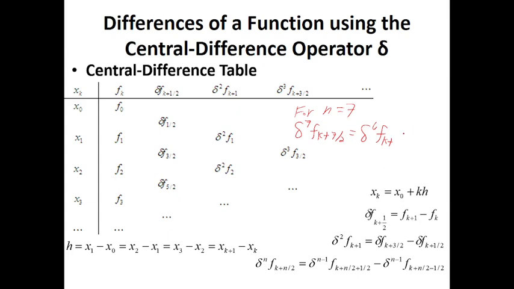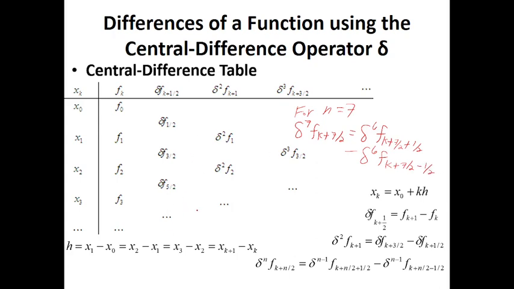So that is 7 over 2 plus 1 half, minus delta to the power of 6 f sub k plus 7 over 2 minus 1 half.